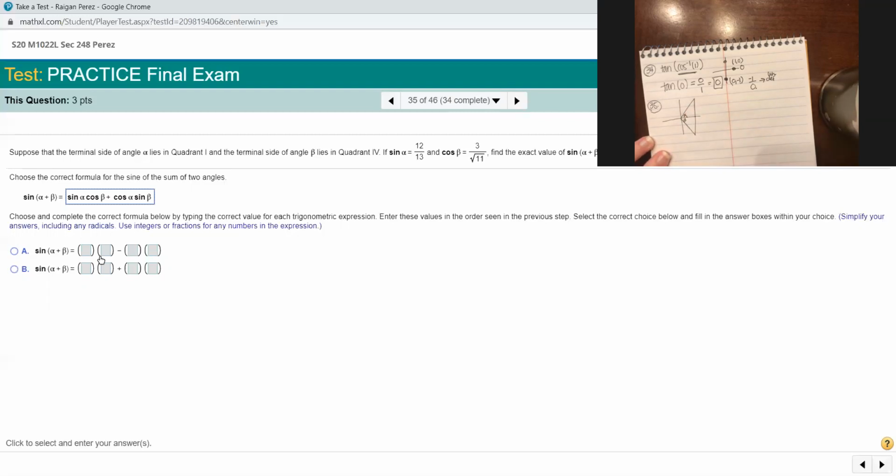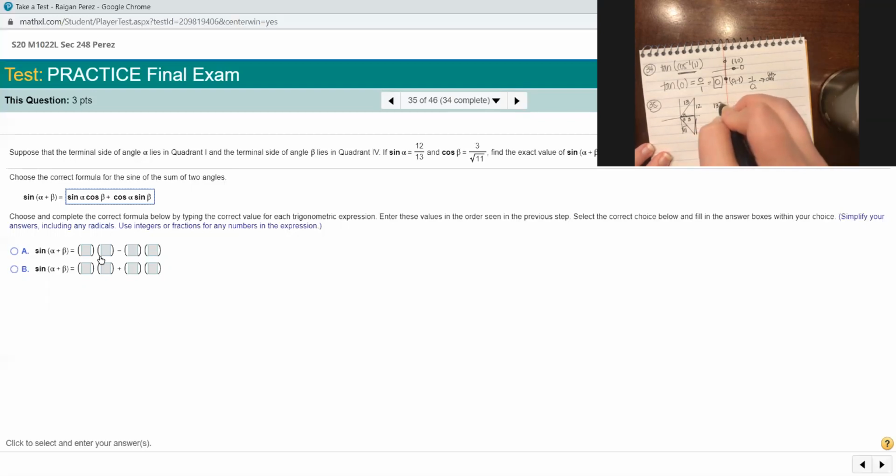Okay, and it says sine of alpha is 12 over 13. And cosine of beta is 3 over square root of 11. Okay, but we got to find the side length for that one and this side length for this one.